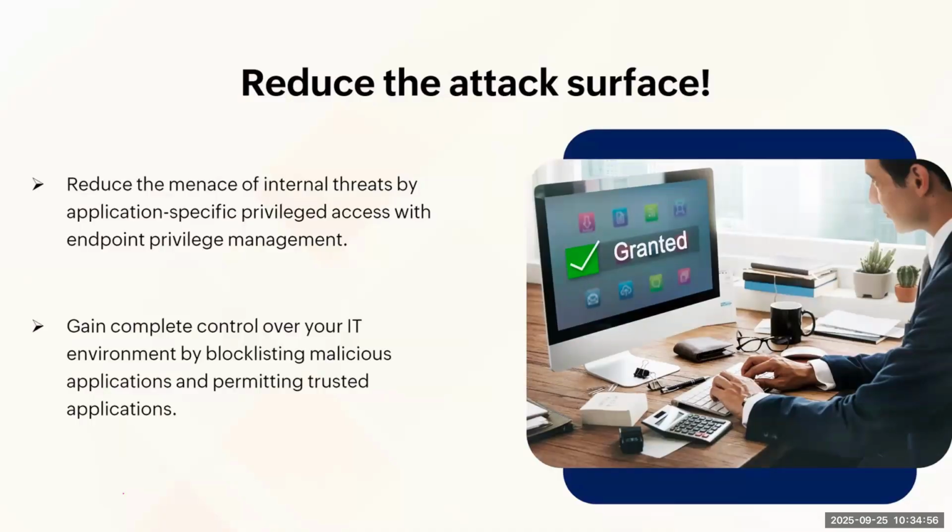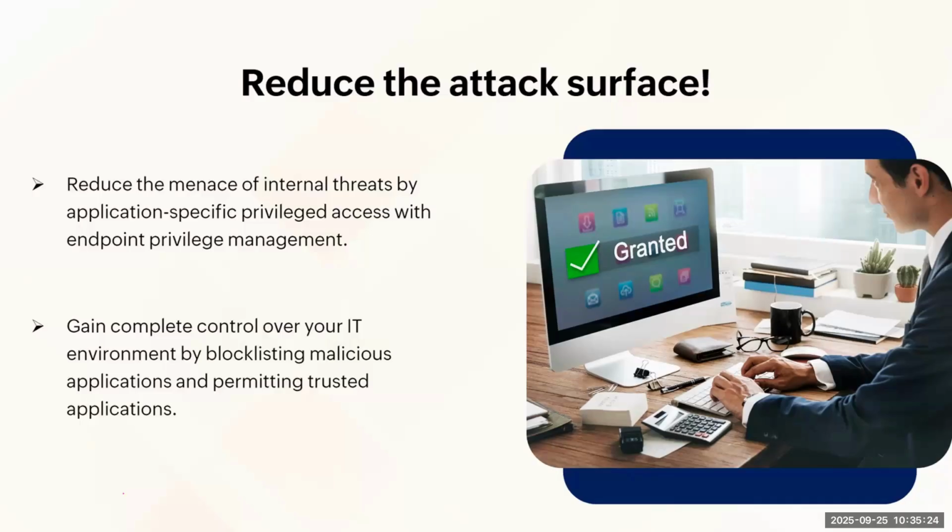Reduce the attack surface. So reduce the risk of internal threats by application-specific privilege access with endpoint privilege management. Internal threats are a worry for many companies because internally your users have access and their biggest threats may come from the inside, like the Trojan horse.